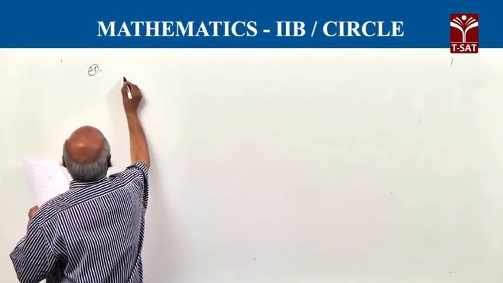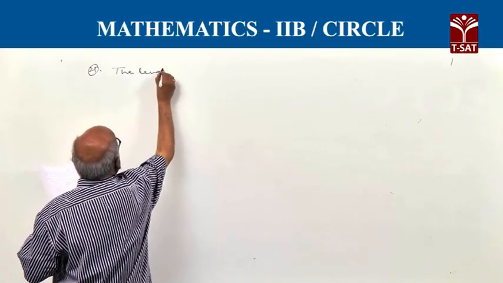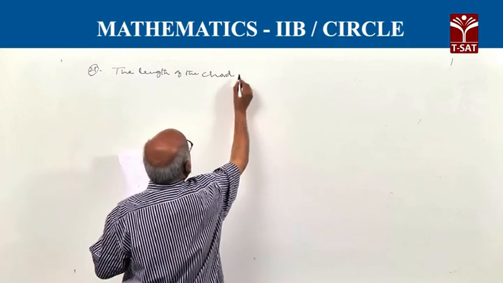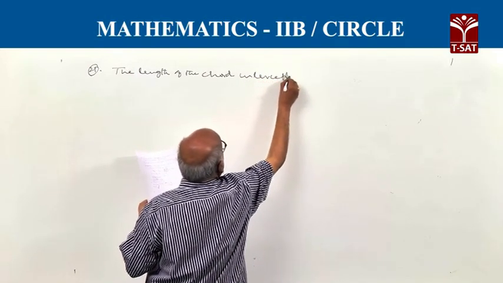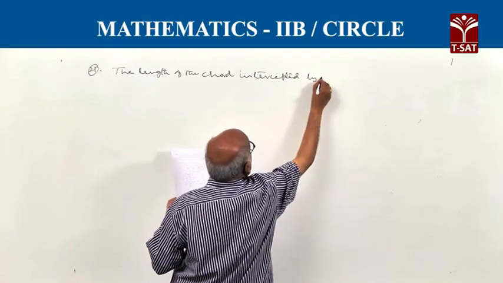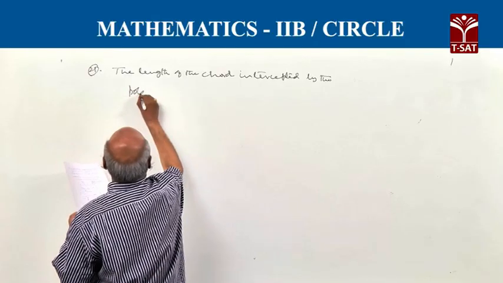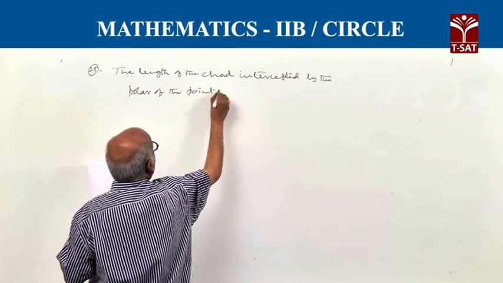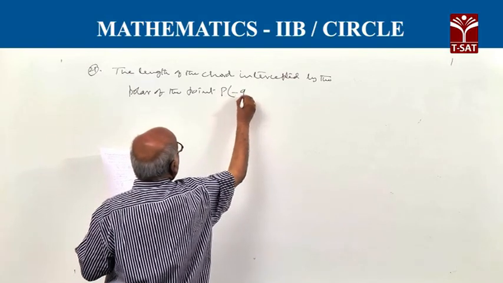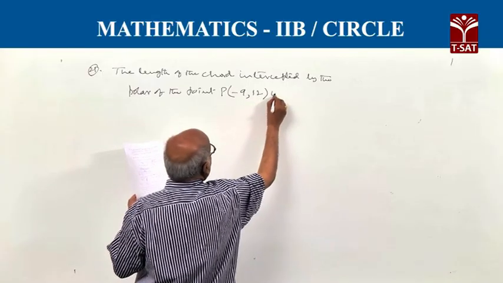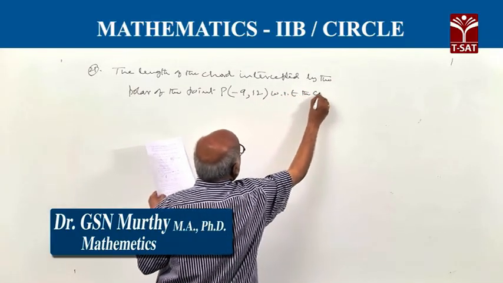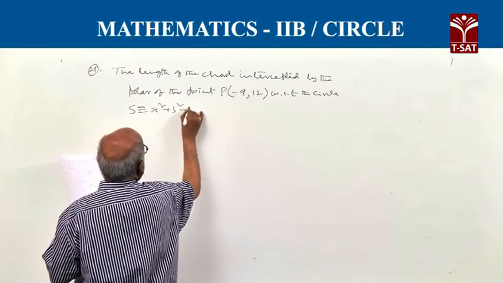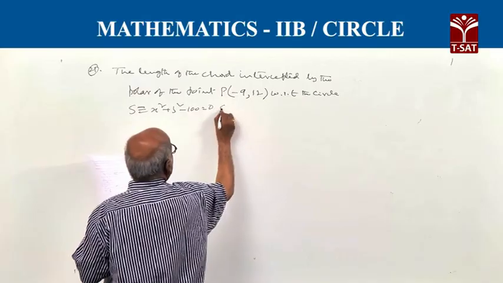Next question. The length of the chord intercepted by the polar of the point P(minus 9, 12) with respect to the circle S is equal to x square plus y square minus 100 is equal to 0, on the circle itself.